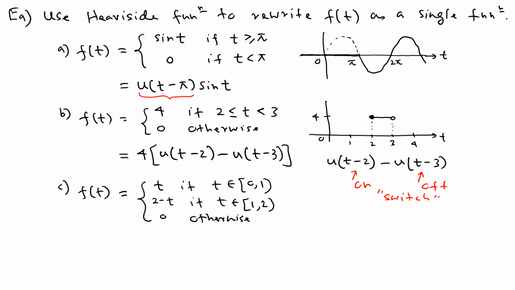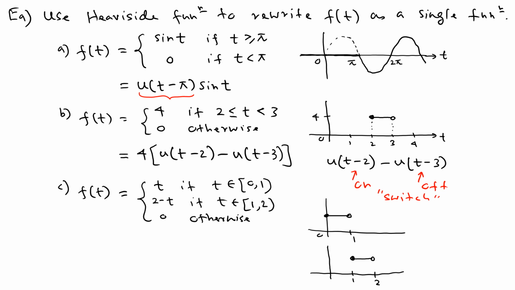Good. So we can do the same trick here, but now we need 2 switches. We need one switch that switches on from 0 to 1, and another switch that is only on from 1 to 2. So one switch is from 0 to 1, and the other switch is from 1 to 2.